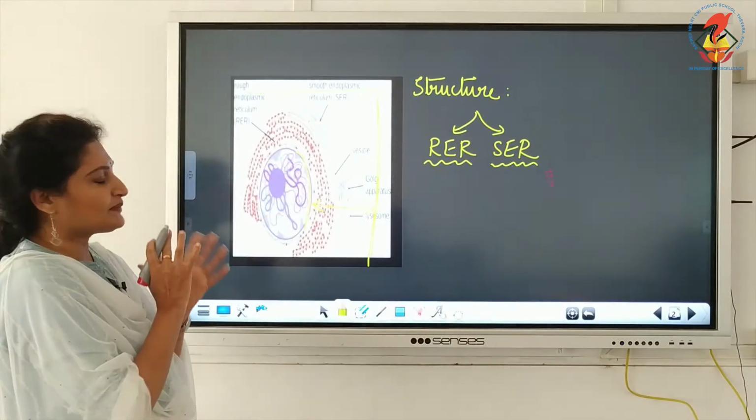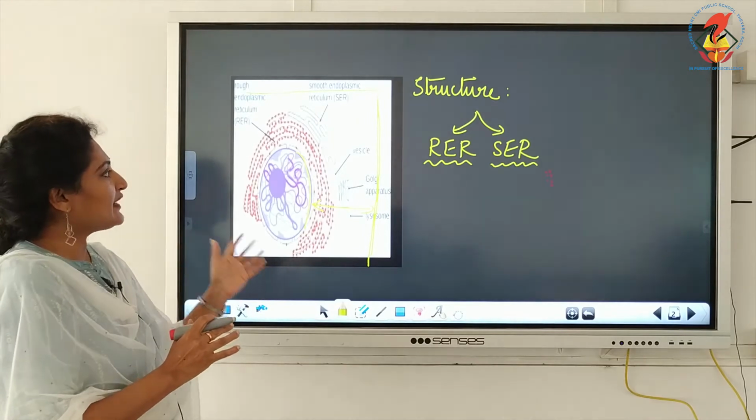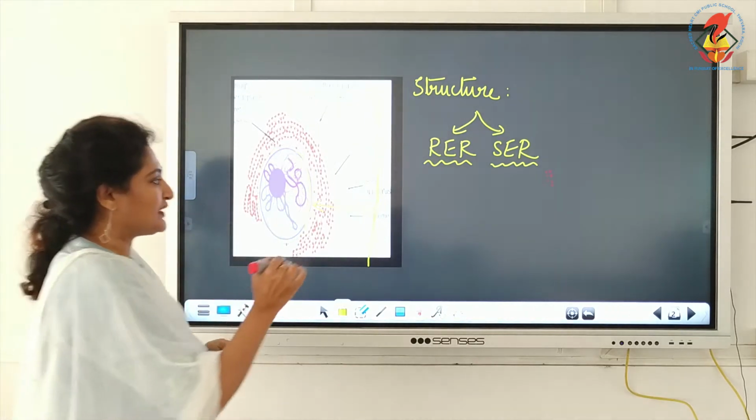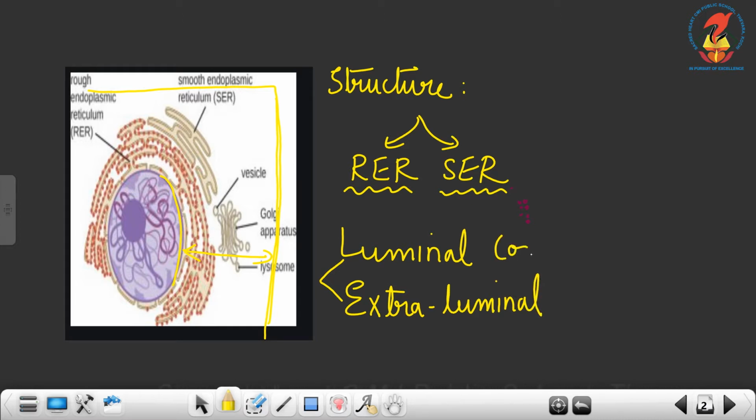Now this endoplasmic reticulum, or the system of network of tubes, divides the cytoplasm into two spaces, luminal space and extraluminal space. Space is also called compartments.